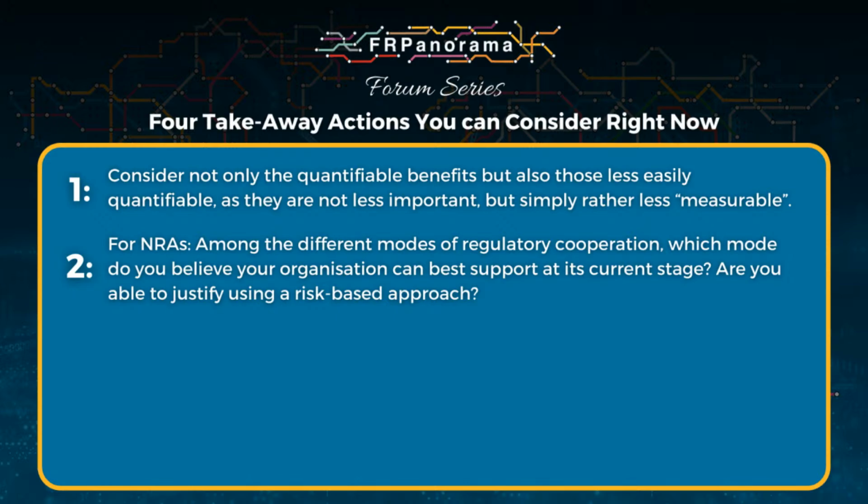For the regulators, among the different ways of doing regulatory cooperation, what do you think your organization can best support at your current stage? Can you justify using this risk-based approach? And how do you measure that?